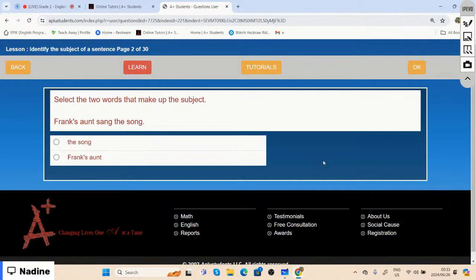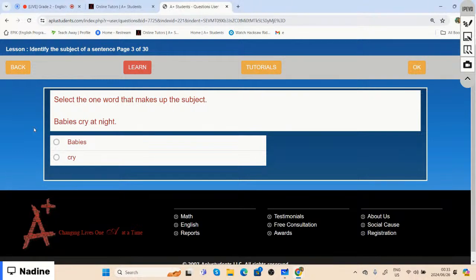Which is our subject, tells us who sang the song. All right, so if we were to select the two words, then we would say Frank's aunt, which is option two.